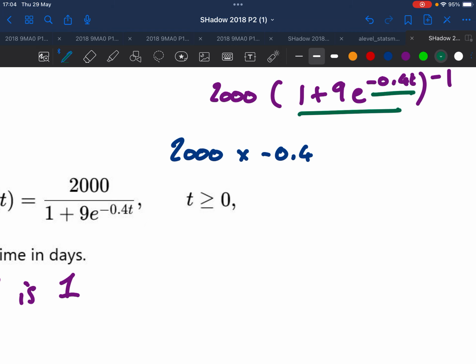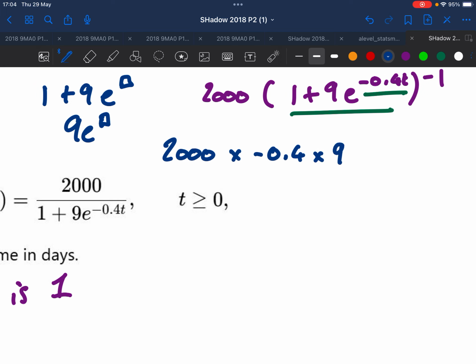Then I'm going to think of this as a piece. So 1 plus 9e to the something. So how would you in general differentiate something like this? Well, you would say that it's 9e to that something again, wouldn't you? So that's what we're going to write for the next bit. We're going to write 9e, and then we go back and we fill in what's there. We never change it when we go from inner to outer.